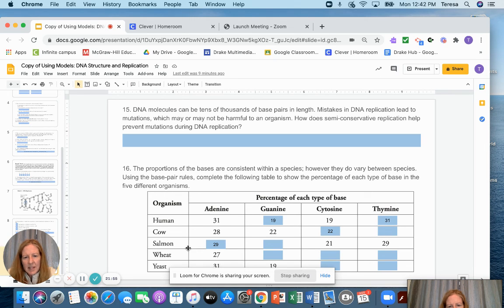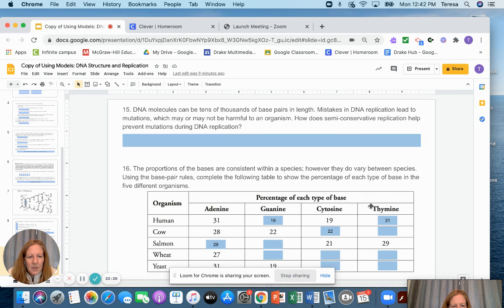In salmon, if there is 29% adenine and 29% thymine, the remaining DNA has to be cytosine and guanine. Well, if there's 21% cytosine, that means there also has to be 21% guanine. Then we get to wheat. This is a challenging one, and you've got to do a little bit of math here.